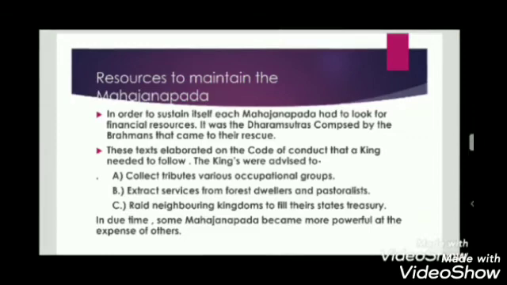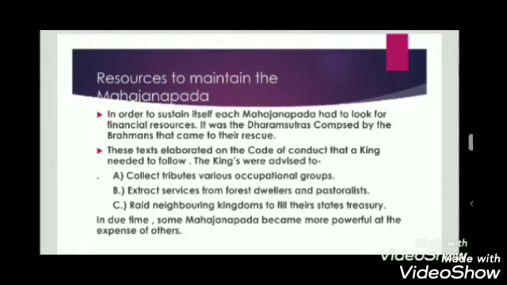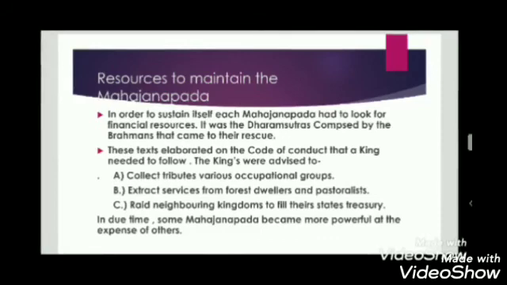So, Dharma Sutras mentioned that these were the ways in order to increase the revenue of a Mahajanpad by the kings. Now, by doing all this, some of the Mahajanpads became much more powerful than the others, and the most important one among these was Magad.